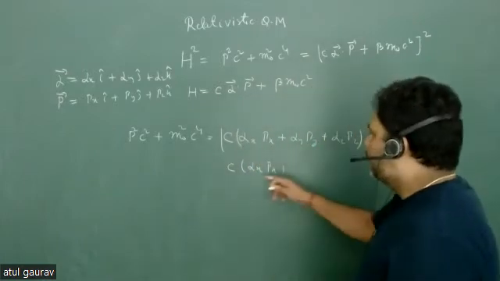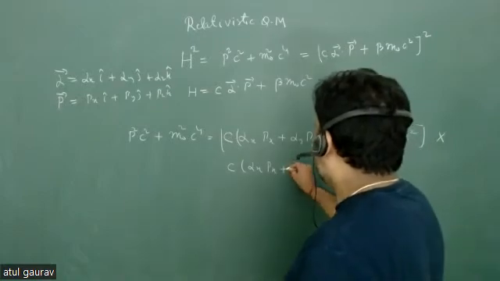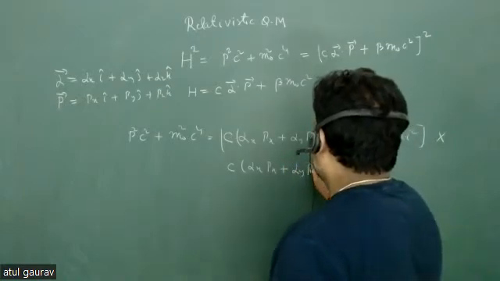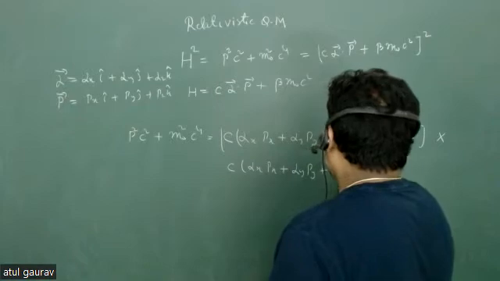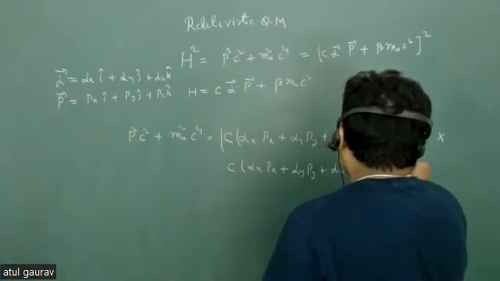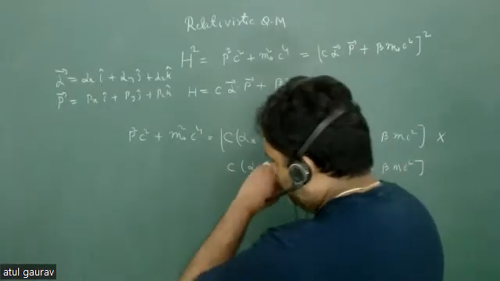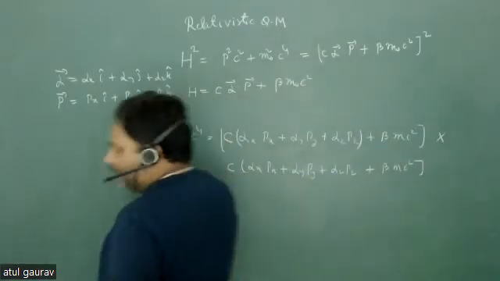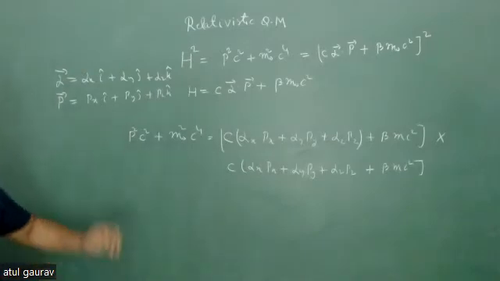So what we are trying to do: alpha x px, alpha y py, alpha z pz plus beta m c square, squared. And on the other side this term is nothing but px square plus py square plus pz square.